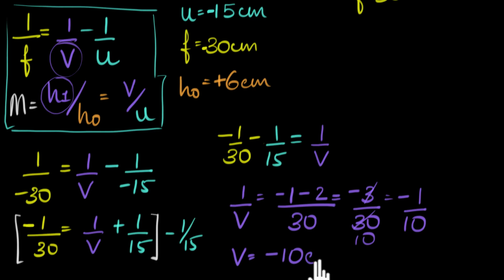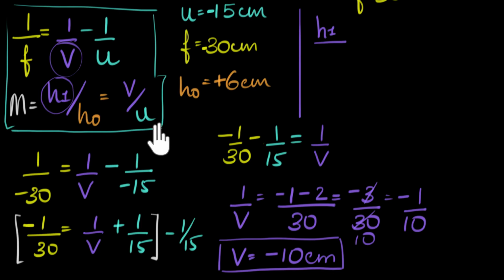So the unit over here is also going to be centimeters. Most of the time I like to actually substitute the units over here, but since I didn't want to crowd it, I just kept it as it is. So anyways, this is our image distance. So we found the first thing that we wanted to find. Image distance is done. So the next step is to find the image height, and that's over here. So let's do that over here.